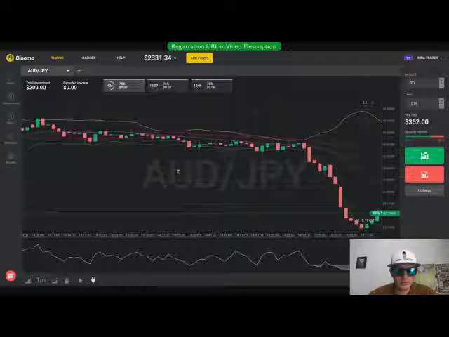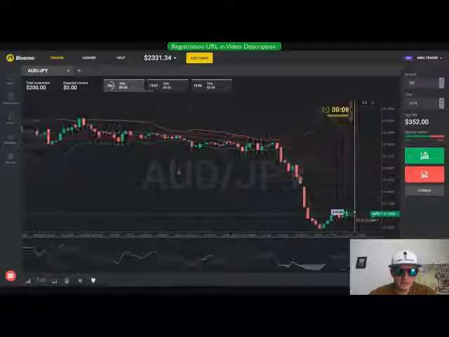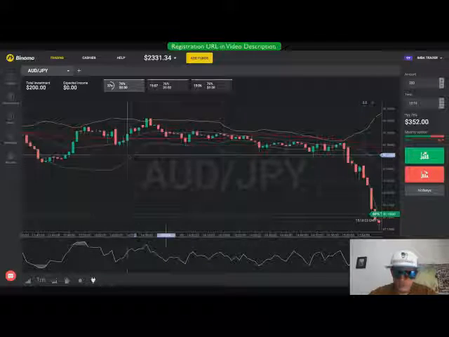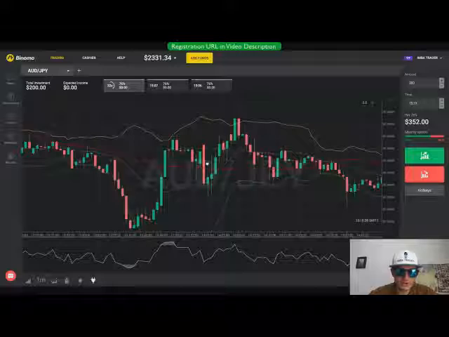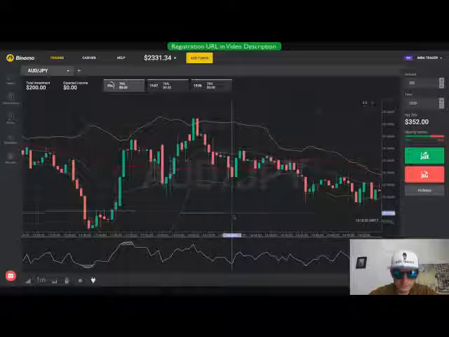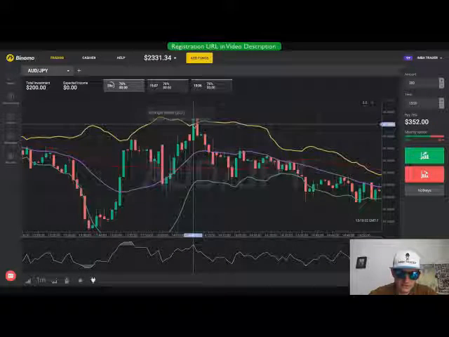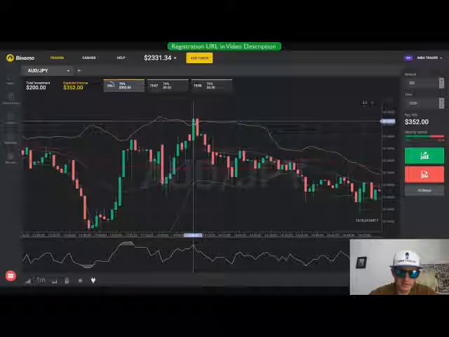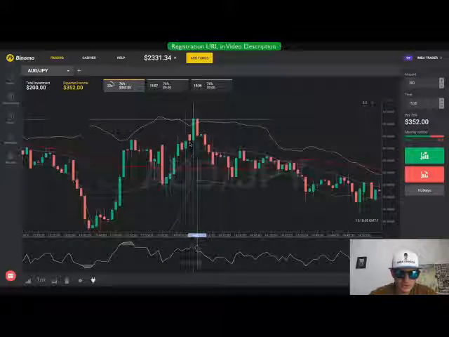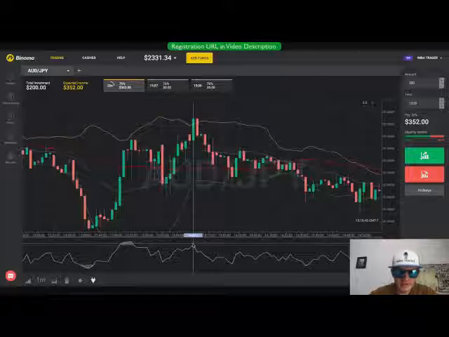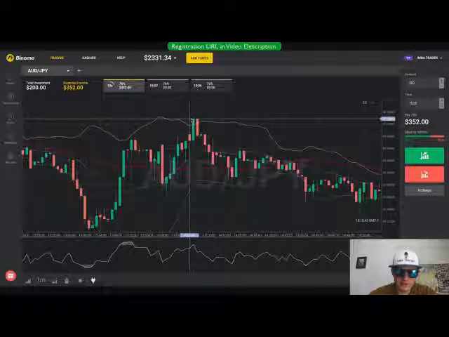So let's see what else was happening here in order to understand if the reversal strategy is going to work on this asset. So this is the perfect case. The upper Bollinger Band was breached, the RSI was at the 80% level, and there was a big spike.